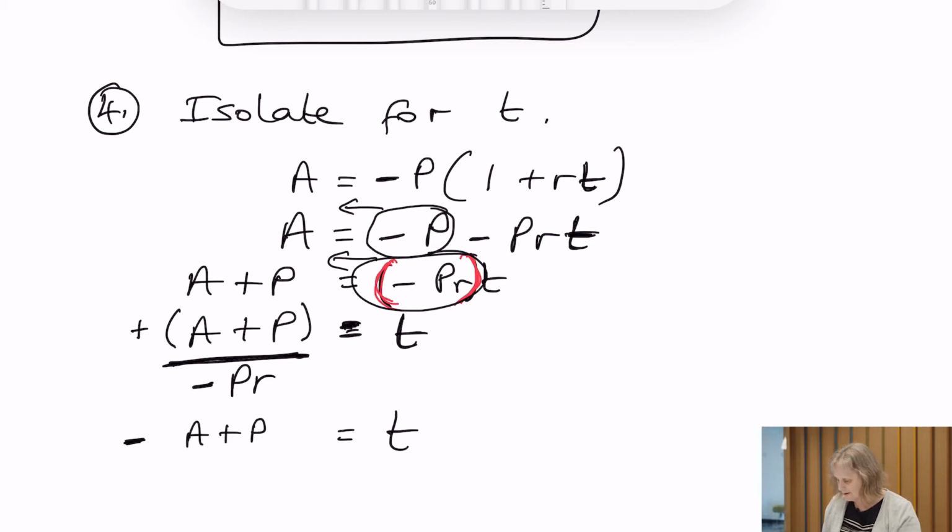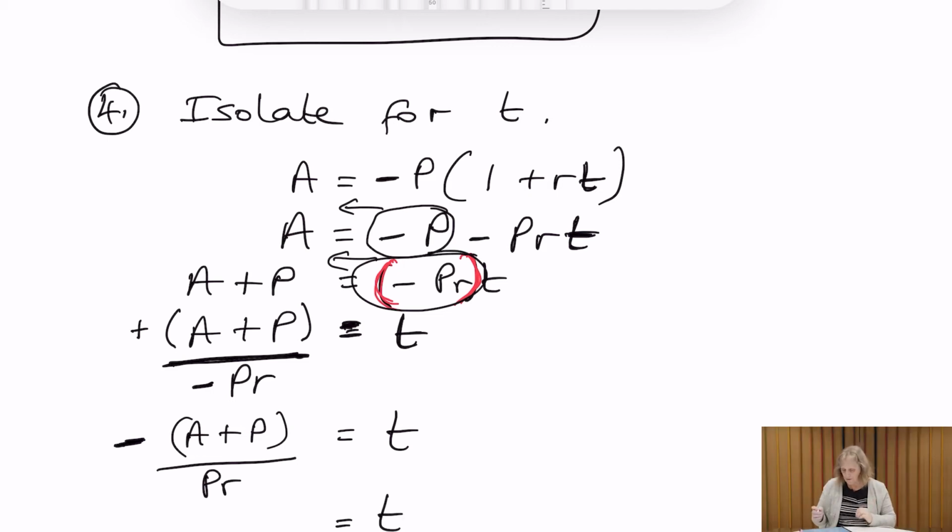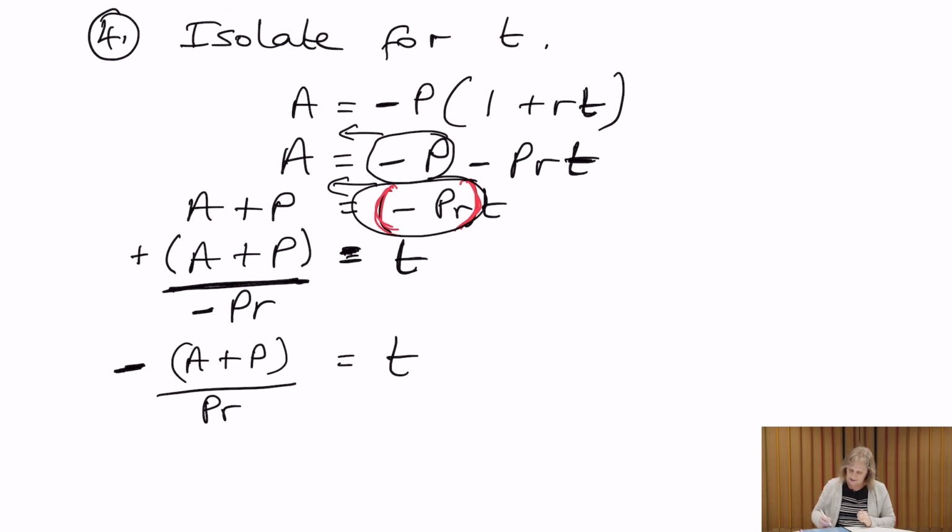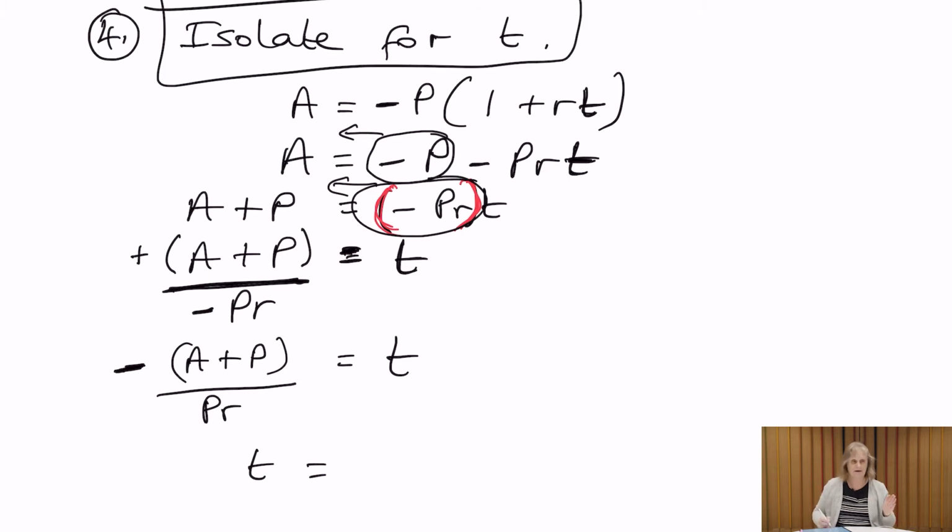So I've still got my a plus p in brackets, but now the negative means that the whole expression, the whole number on the left-hand side, is negative. When we've got a positive and a negative, overall, it's then negative. Now, the last thing that we need to do here is just swap that around so that small t is on the left-hand side, equal, and then all the terms that equate to that are on the right-hand side.